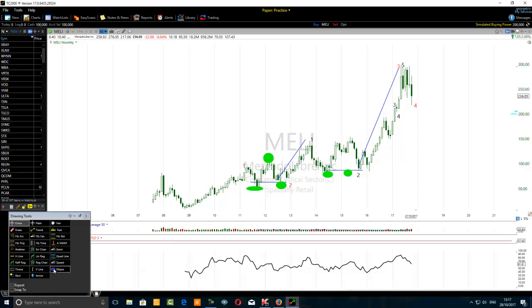So now you understand, as I was saying before, when we are dealing with complex waves, sometimes it's better to cover the double bottom chart pattern, and sometimes it will be very useful to you to count waves also.